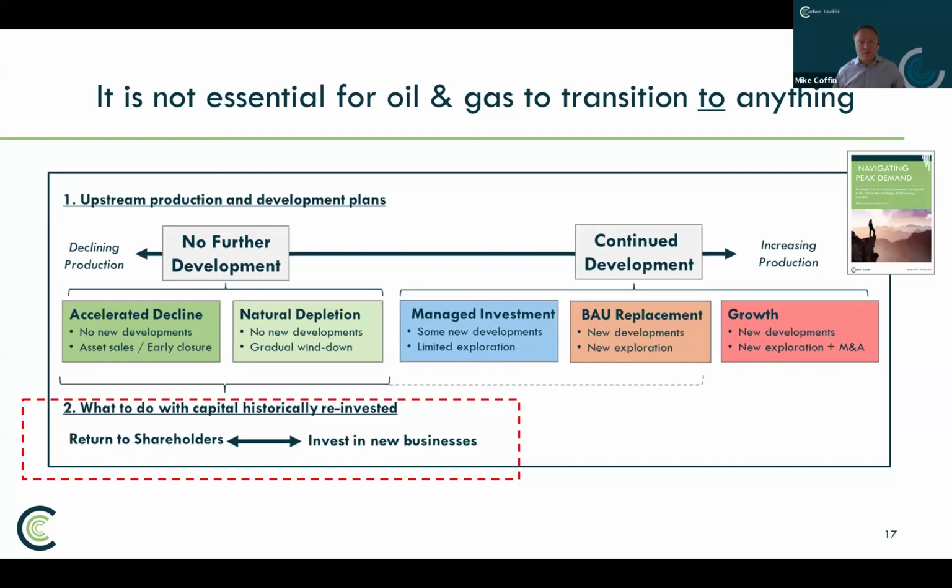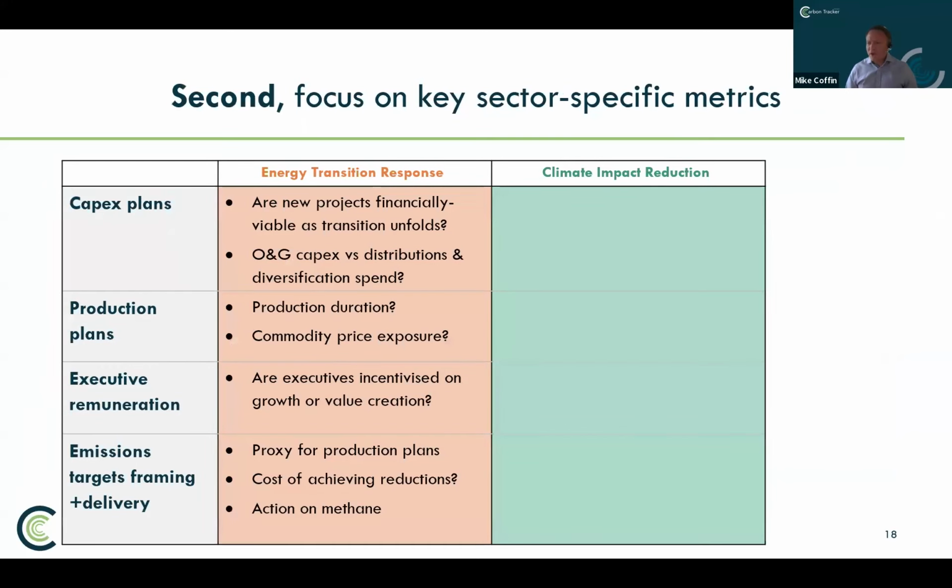As we've outlined, focusing on decarbonizing and looking at Scope 1, 2, and 3 emissions intensity over all energy, and metrics like that, are fundamentally missing the point from either perspective. So focus on key sector specific metrics. From an energy transition response plan, so assessment ultimately of risk and opportunity, we see these are four key metrics. And I'll show you how these key metrics are also relevant for looking at climate impact reduction.